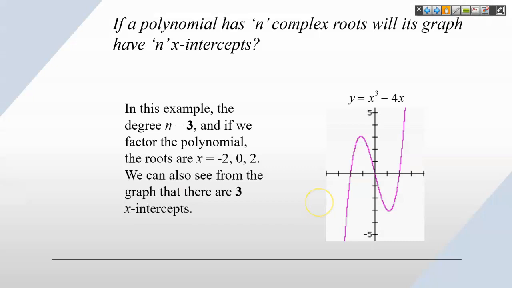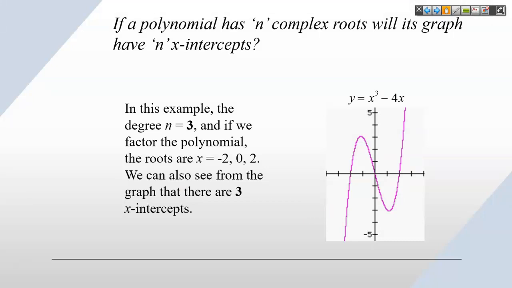A follow-up to that corollary would be: if a polynomial has n complex roots, will its graph have n x-intercepts? So if it has n complex roots, would it have n x-intercepts? So this is a cubic.